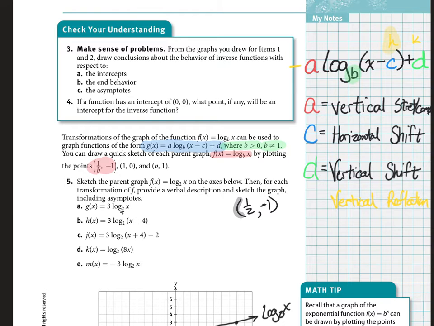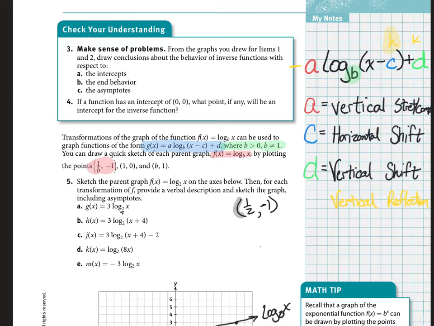That will always be an ordered pair on these, and the reason is that 2 to the -1 power means inverse, which is 1 over 2. You don't have to necessarily remember that, but that's the reasoning behind it.